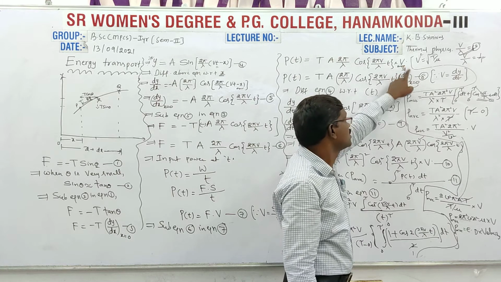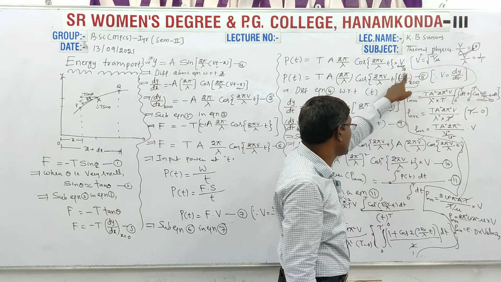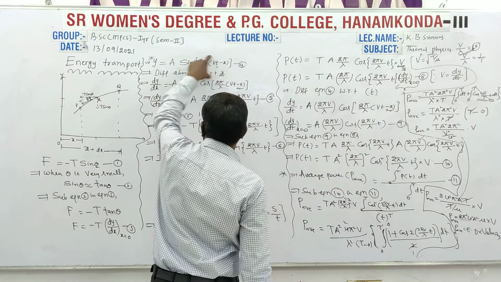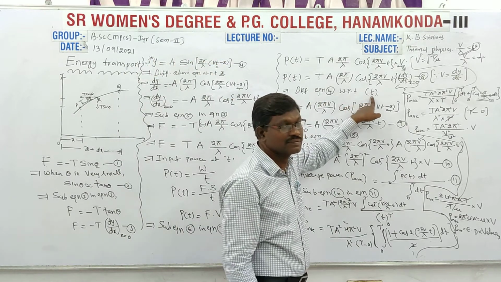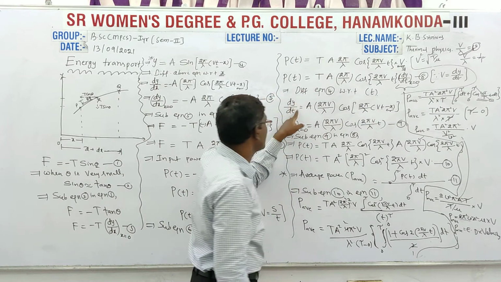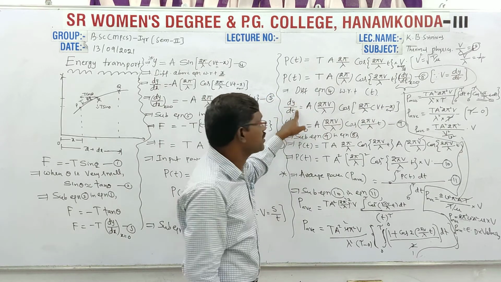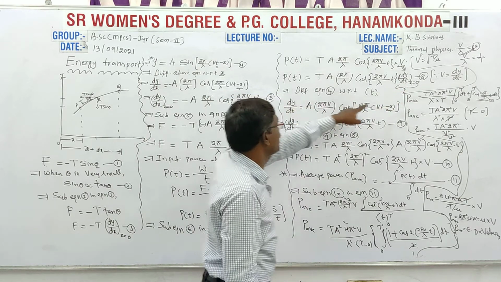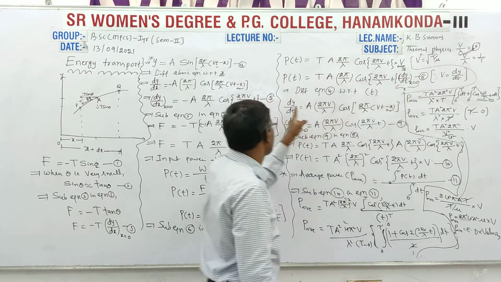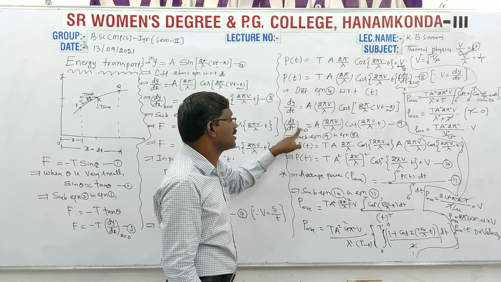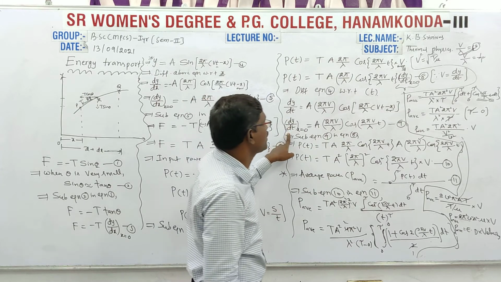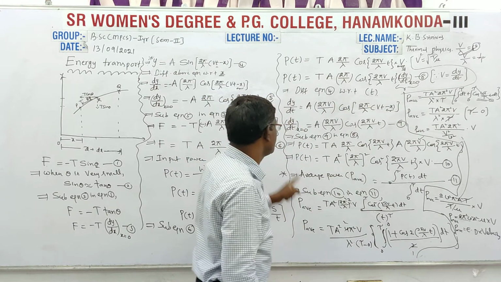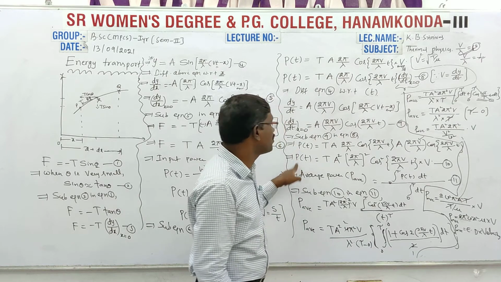Velocity only. So to calculate dy by dt, again we have to differentiate equation 4, but with respect to time, not x. So that you can calculate dy by dt. Put x is equal to 0. To calculate this value only I am doing like this. So finally I have calculated dy by dt at x is equal to 0. Substitute this equation in equation 8. You can calculate that input power.